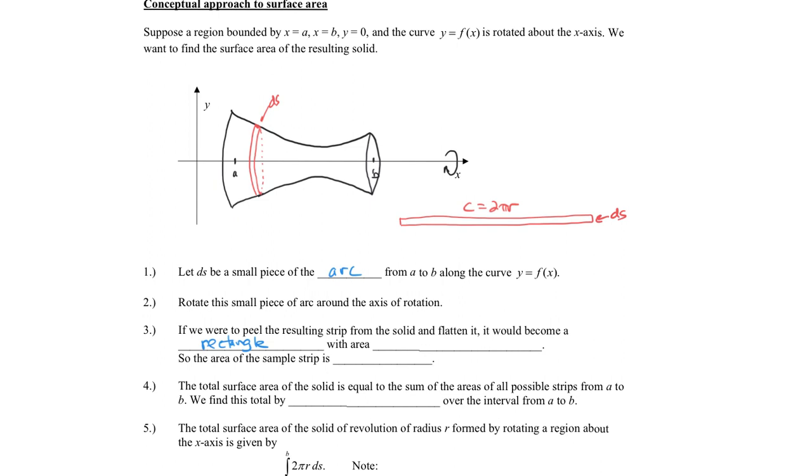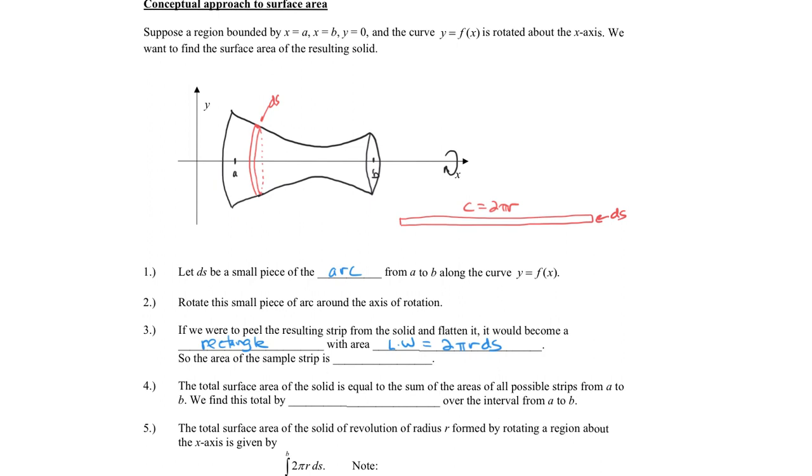All right, back to the notes here for part 3. We've got a rectangle with area, which is length times width, which in our case would be 2 pi r ds. So the area of the sample strip is going to be 2 pi r ds, but in our case, r is the radius, this distance here, which would be y.